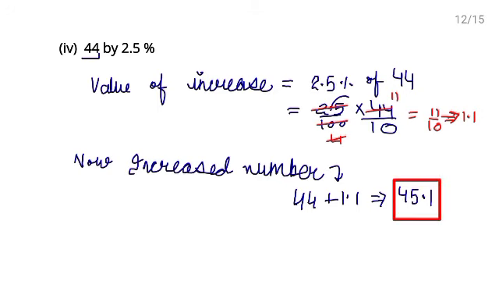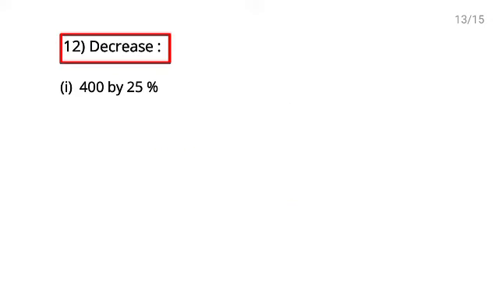This is your answer. Next, similar as question number 11. In question number 11 there was increase, so we were adding, but now this is decrease, so we will subtract. The only difference is there that in case of decrease you will subtract the amount of decrease.